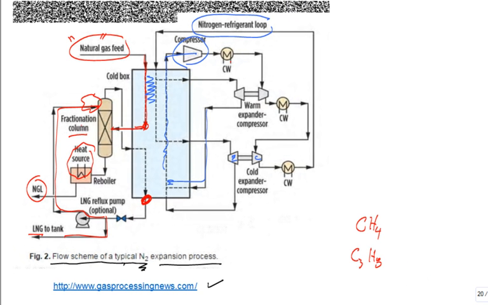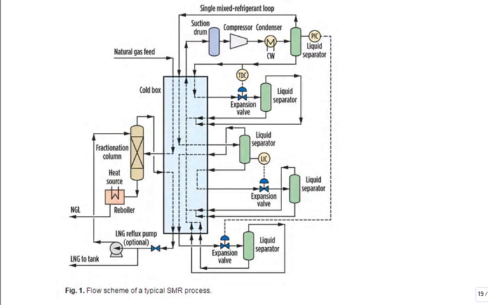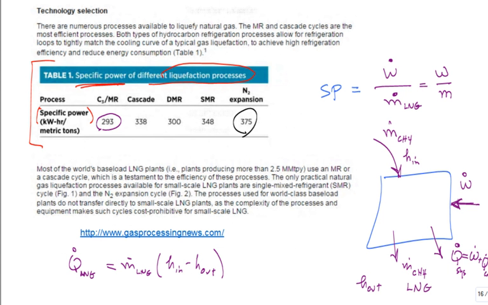And this system I skipped over. This is a SMR, single mixed refrigerant. Too many acronyms. And you can see that they have all kinds. And if we look back at our comparison chart, here is a single mixed refrigerant.